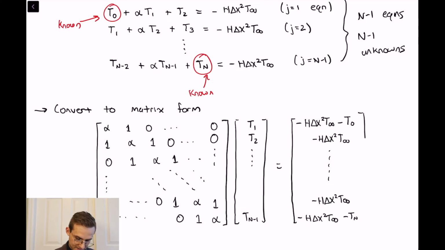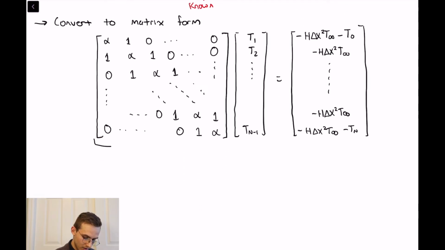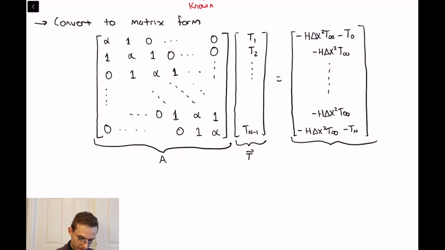Okay? And so what we're left with is an equation where we call this big matrix our system matrix A. We would call this solution vector T, and then the right-hand side here, we usually call it B. So it forms this Ax equals b system. That's the notation that you're probably familiar with from linear algebra.